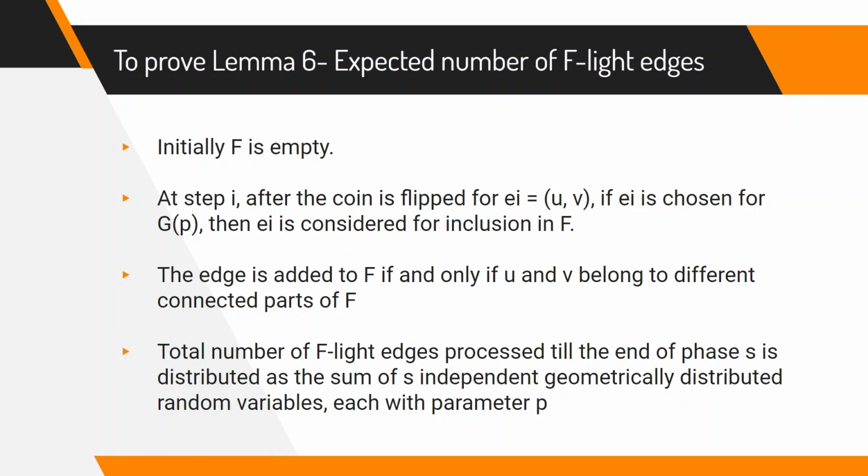The total number of F-light edges processed till the end of phase S is distributed as the sum of S independent geometrically distributed random variables, each with parameter p.